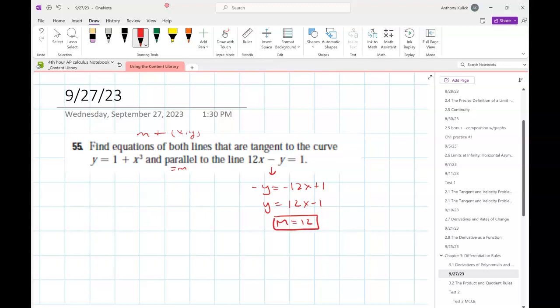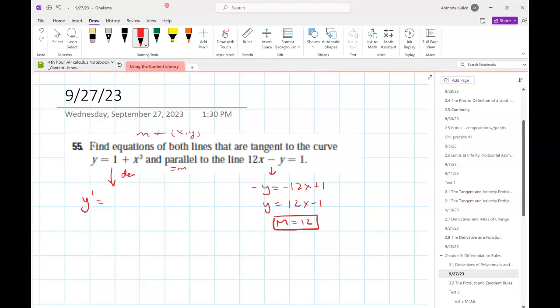Cool with that? Yeah. So the derivative is going to give me the slope at a given x, right? So the input is an x coordinate, and the output is the slope of the function y equals 1 plus x cubed at that value of x.